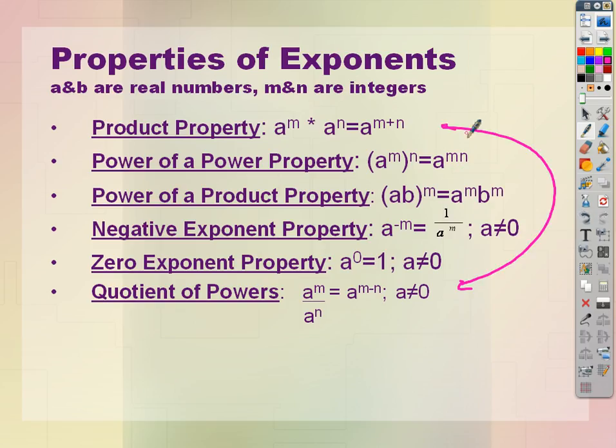What it says is that just like if I multiply like bases, I add the exponents, if I divide like bases, I subtract the exponents. And all it really is is the first property we talked about, the product property, plus the negative exponent property. I'll prove it to you. Okay, so we'll come up with this formula really easily.